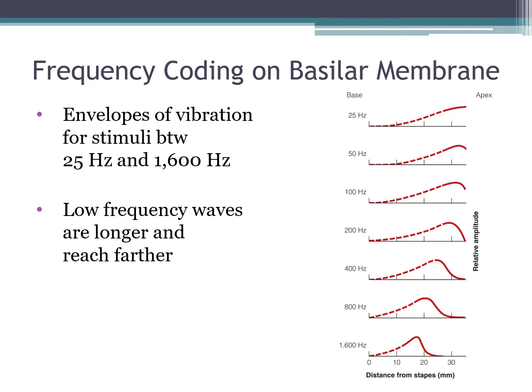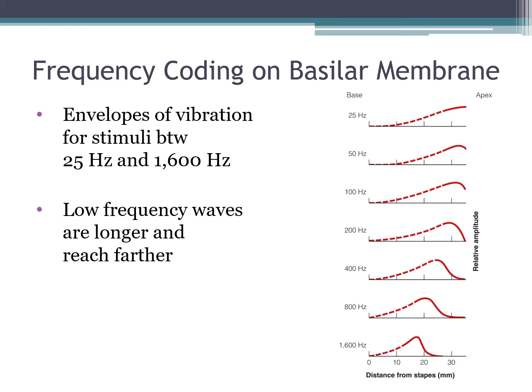But if we're looking at what's happening at the basilar membrane, for those low frequency waves, those low notes on the piano, the wave is longer and reaches farther up to the apex. And you can see as we move down into higher and higher frequencies, by the time we get to 1600 hertz, that apex part of the basilar membrane is not moving at all.